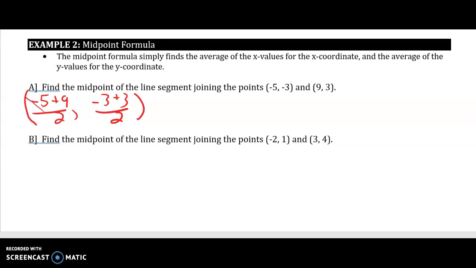Notice it is a coordinate. So what's that going to be? 2, comma 0. Okay. So I will pause for a couple seconds. You should pause the video and you could try part B.